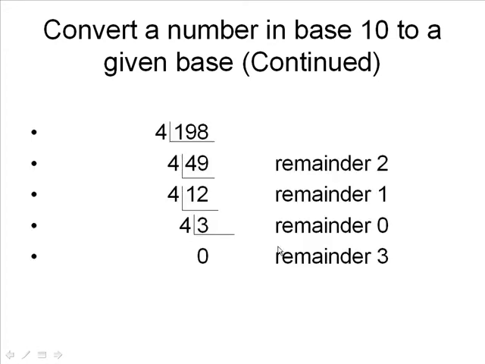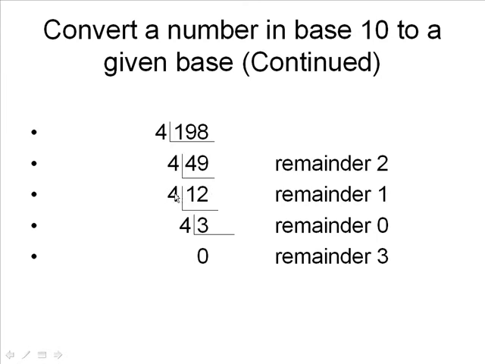So here is the process. 198, the number given in base 10, divided by 4. The quotient is 49, the remainder is 2, which is the first digit from right to left. And 49, the quotient, divided by 4, the new quotient will be 12 and remainder will be 1, which is the next digit.